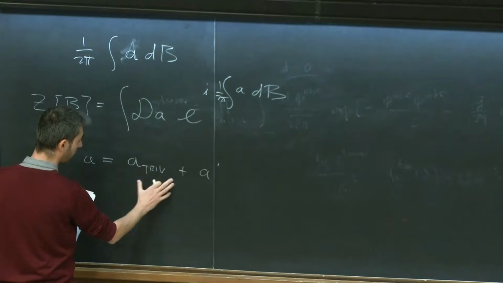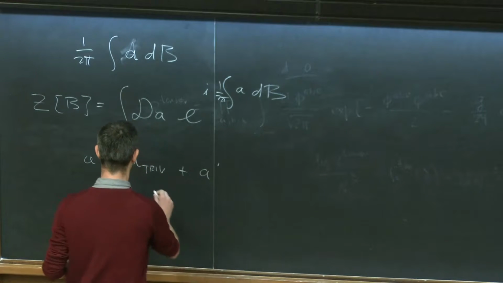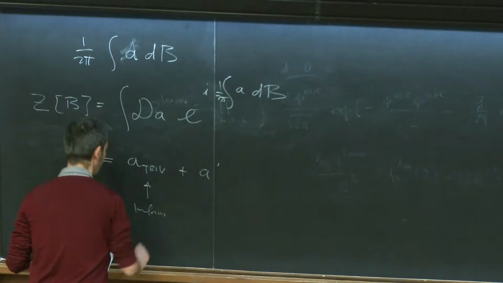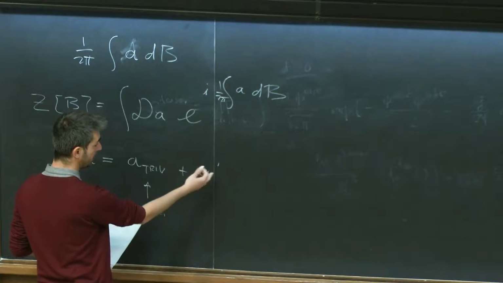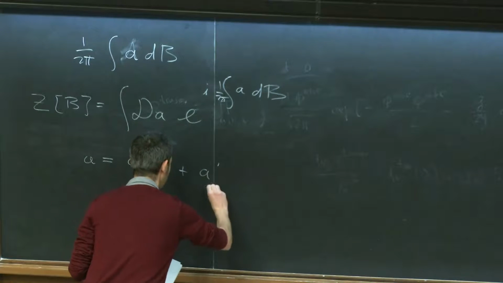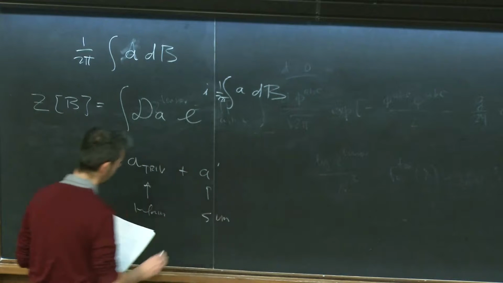We should do the path integral on both terms. So this is a standard one form, but the other is quantized, in the sense that for each bundle we choose a representative, so this is a discrete sum.